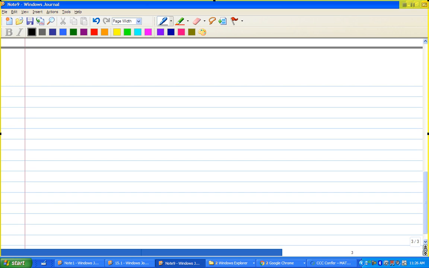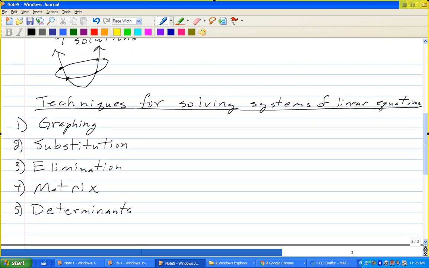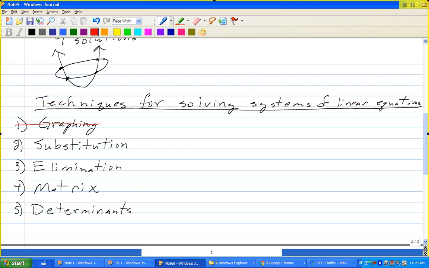Well, for solving systems of nonlinear equations, certainly graphing is out of the question. There's no way you're going to be able to graph these systems of nonlinear equations and have any good idea where they're intersecting.